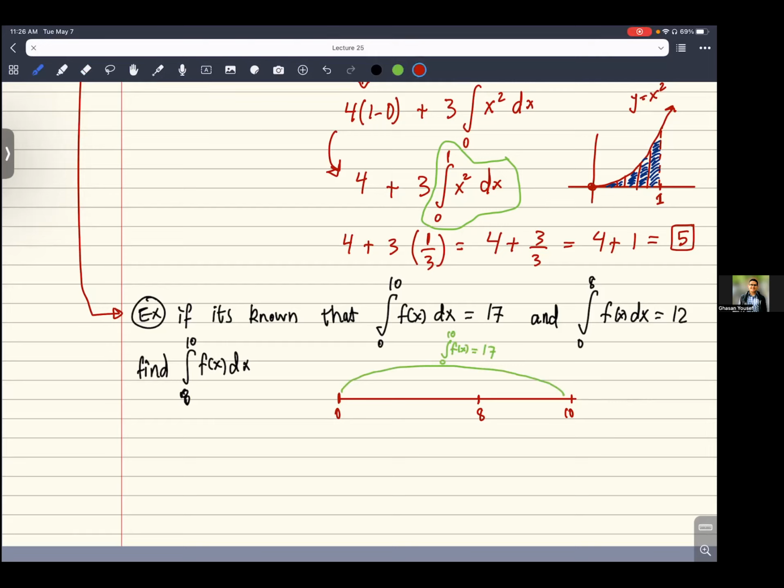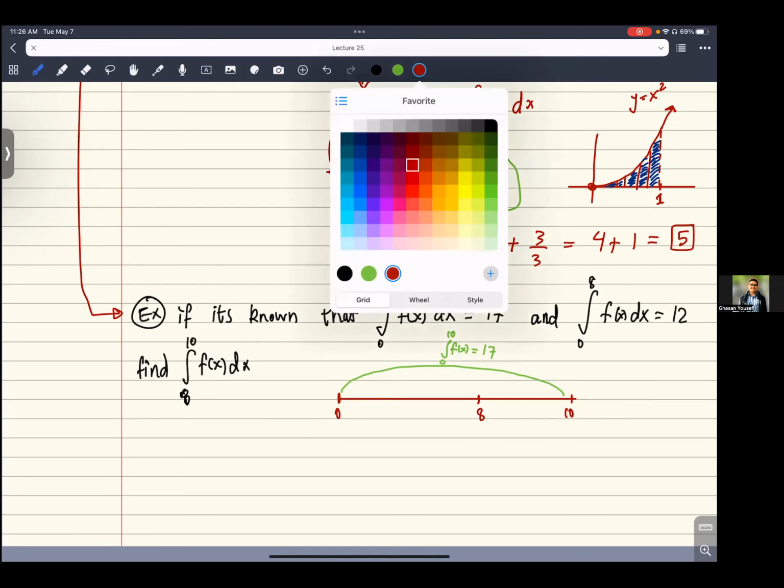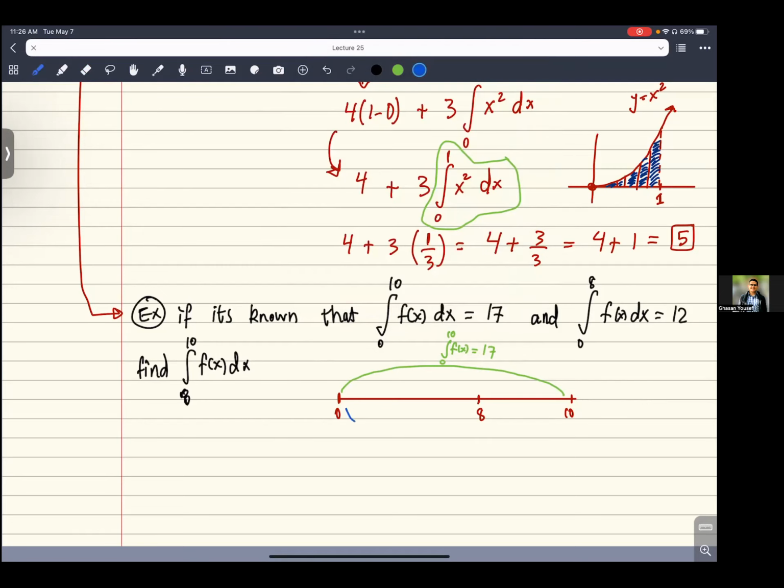And from 0 to 8 is the integral from 0 to 8 of f of x dx, which equals 12. They ask for this interval.